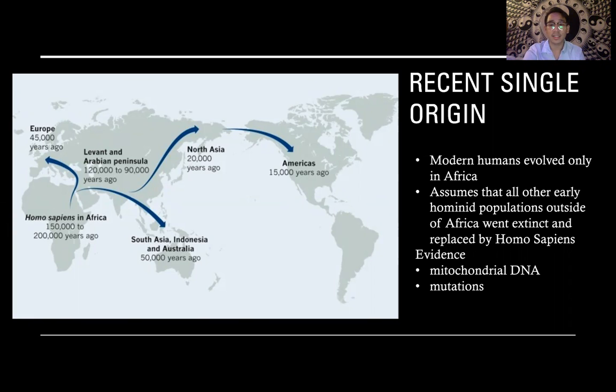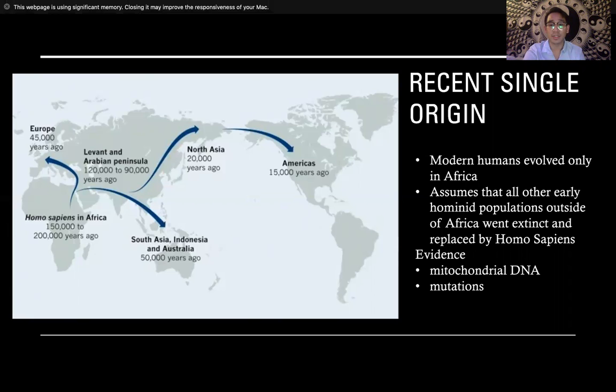The recent single origin model, which is also more commonly referred to as the out of Africa theory, was developed in the 20th century, and it attempts to explain the origins of modern humans. It states that modern humans originated only in Africa, then spread to other parts of the world. It assumes that all earlier hominid populations outside of Africa went extinct.